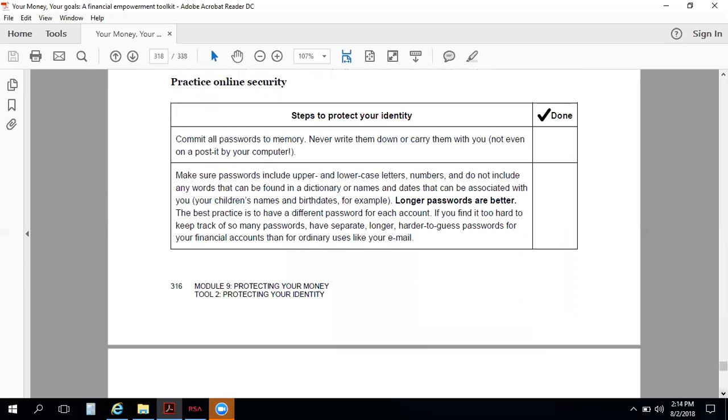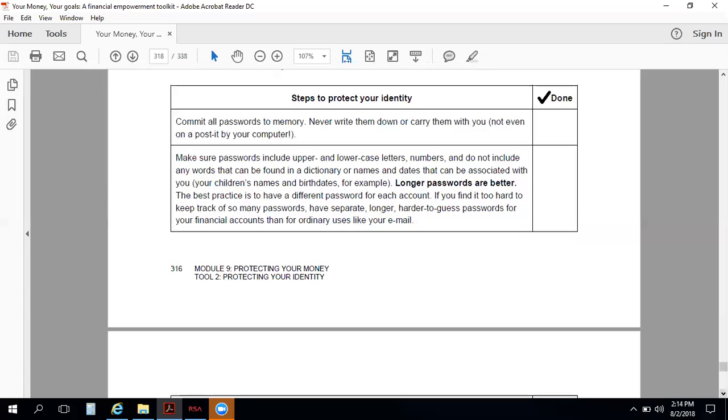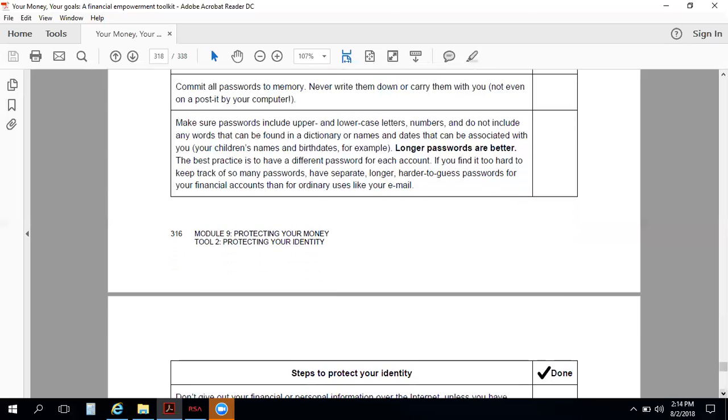Obviously, if somebody's calling the Social Security Administration for an issue, that would be something they would ask for. So there are times where it would be appropriate to ask for a Social Security number, but not always. Clients should make sure that they only give that out when absolutely necessary.